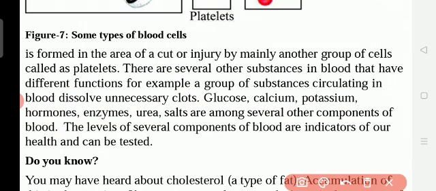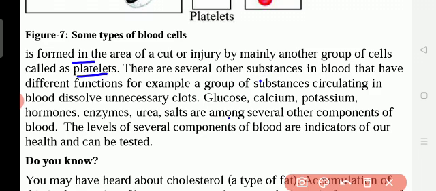The next one is that we study the platelets. Whenever we get some cuts on the skin, sometimes we fall and get wounds, or with a knife or blade we cut our body unknowingly. At that time all the blood does not come outside from the whole body.